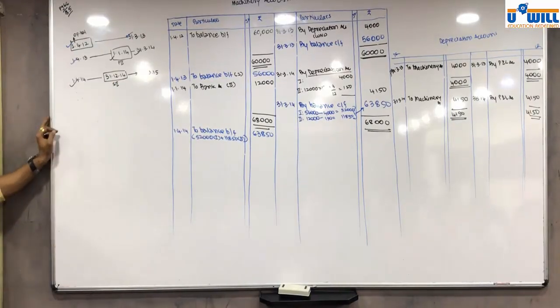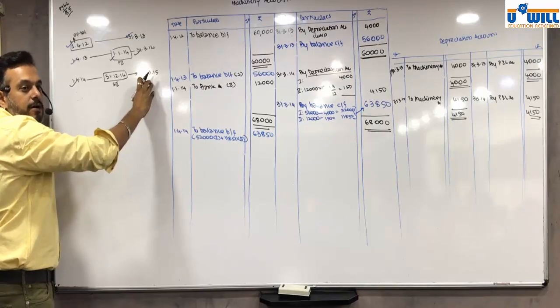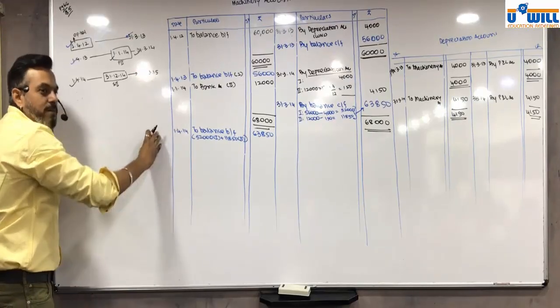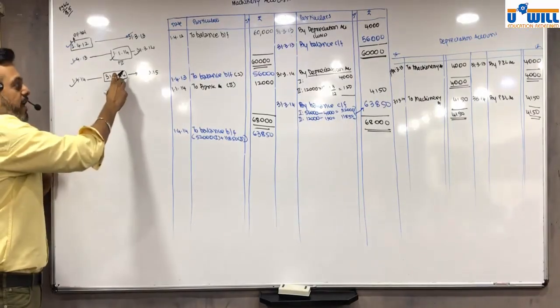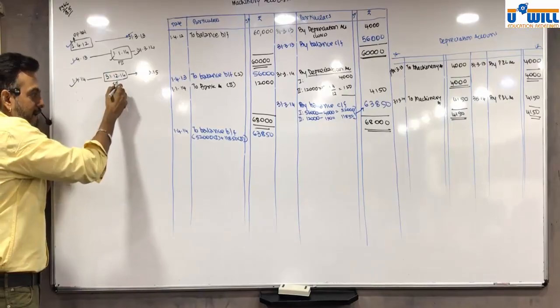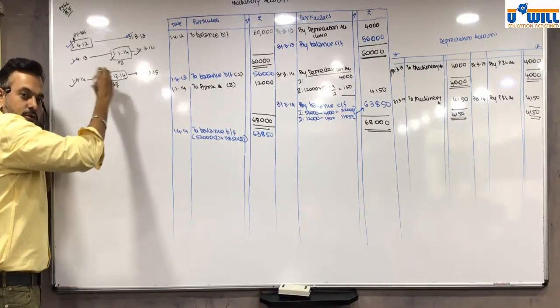For the machine going out during the year, we first have to provide depreciation on it. If this machine was sold on 31/3, what would we do? We would provide depreciation on both machines together. But if we sell a machine in the middle of the year or during the year, we have to first calculate depreciation for that machine till the time it is used.